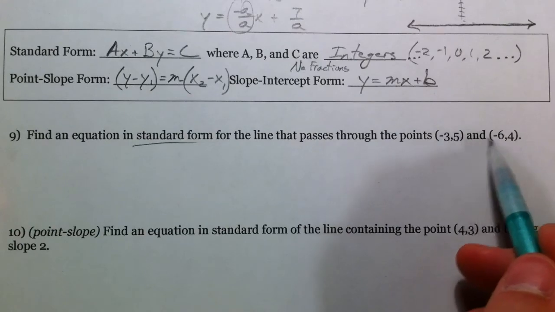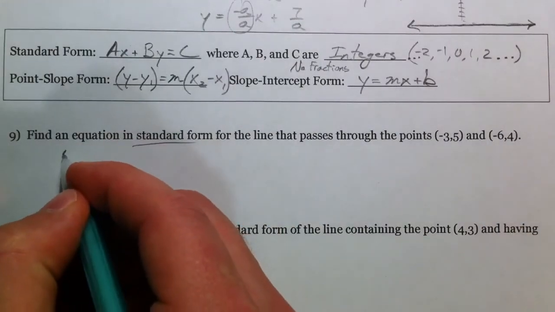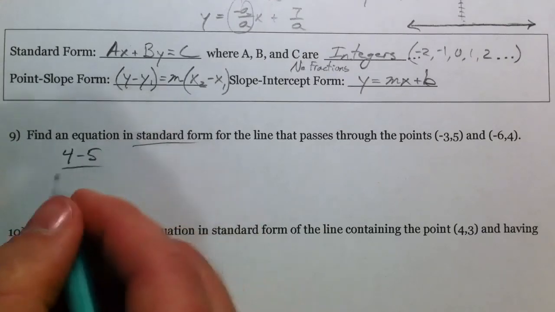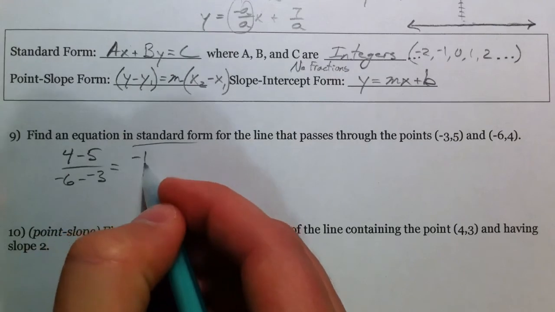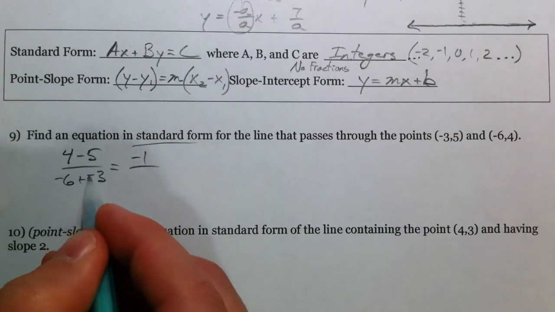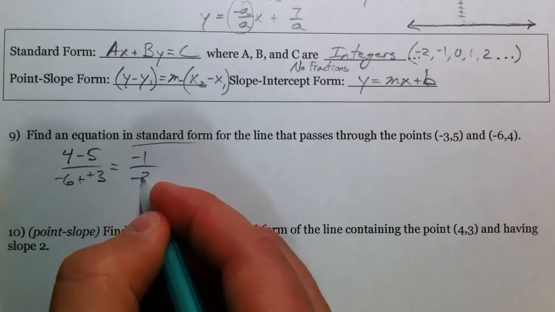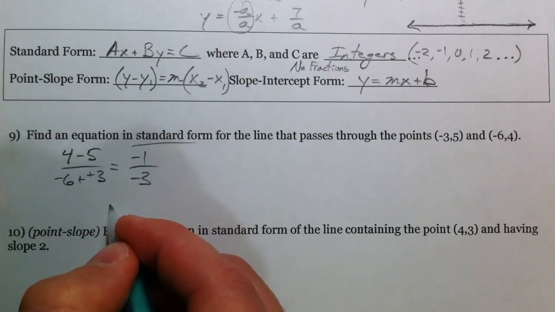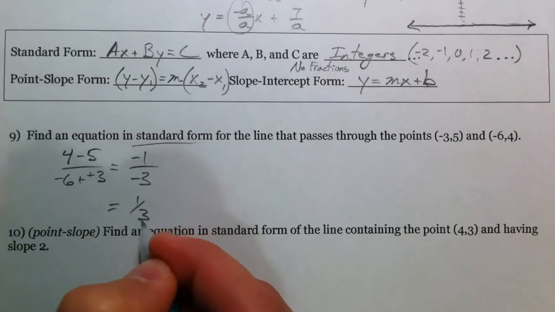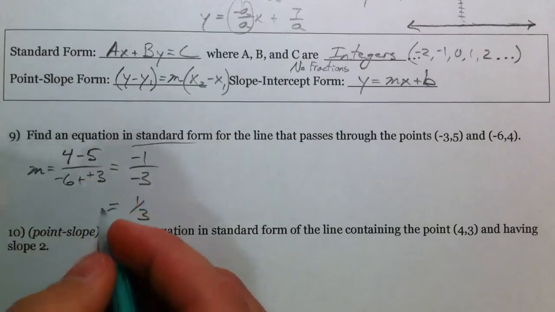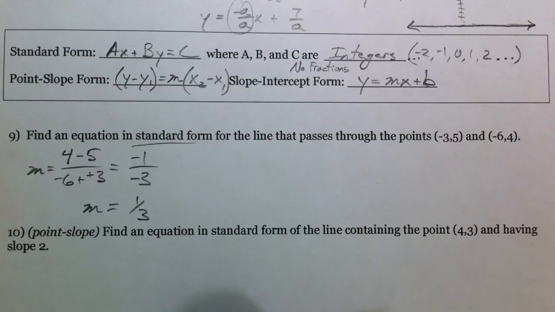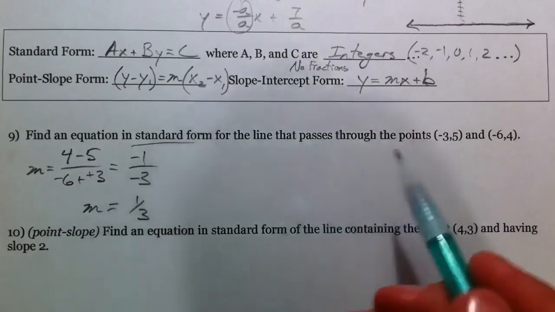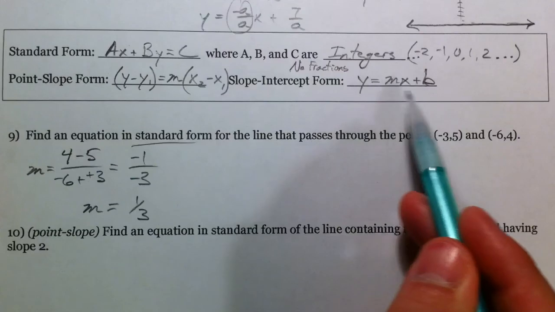Find the equation of the line. So let's find the slope. 4 minus 5, negative 6 minus a negative 3. 4 minus 5 is negative 1. This is really plus, so we get 1/3. Now, to find the actual equation, I'm going to use slope-intercept form.